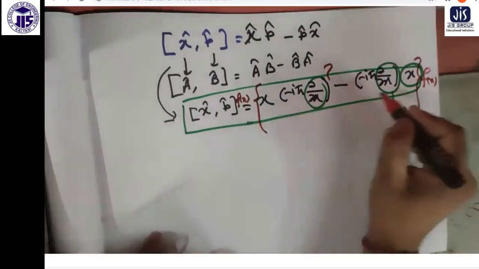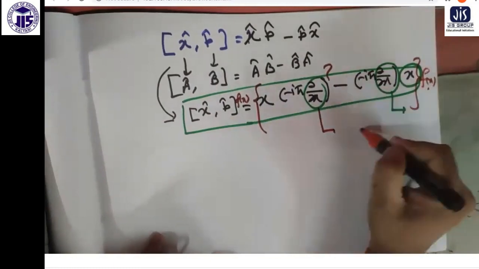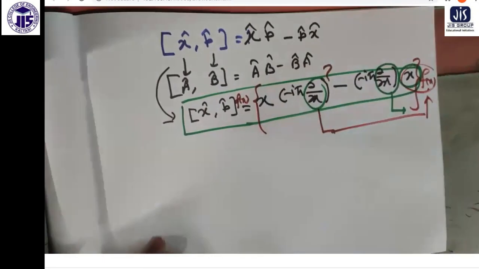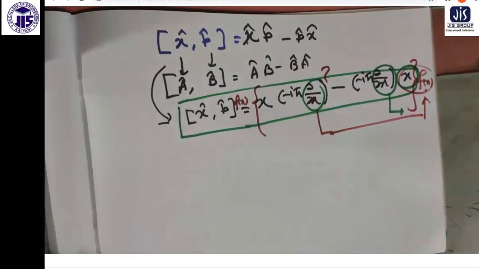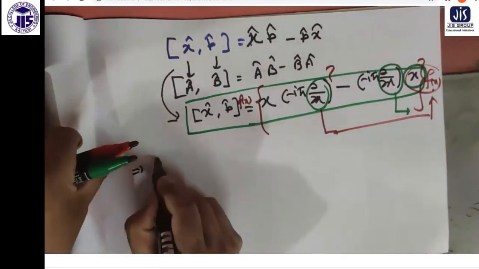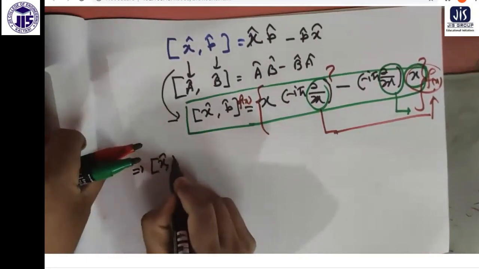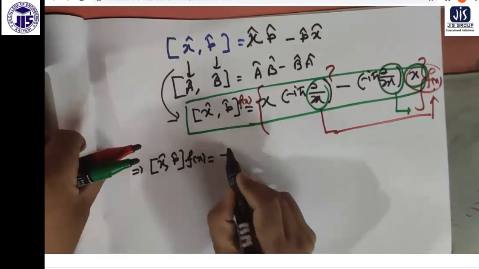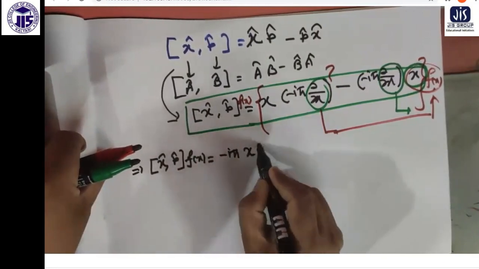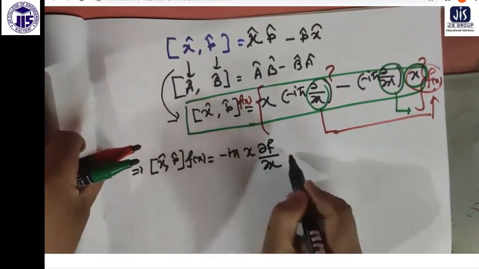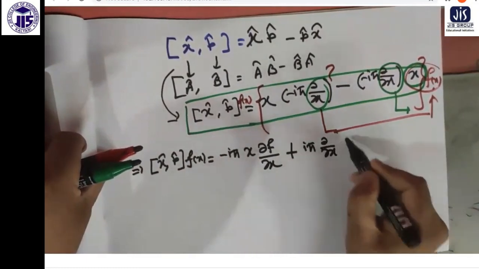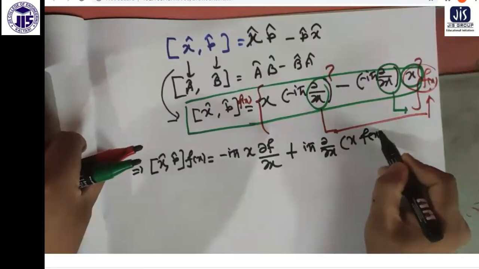Now this first one is happy. It can act on the function f(x). And the second one is more than happy, it can act on both x and f(x). So if you look at the equation, it becomes: x p f(x) is therefore minus h cut x del f by del x minus minus plus h cut del by del x of x f(x).